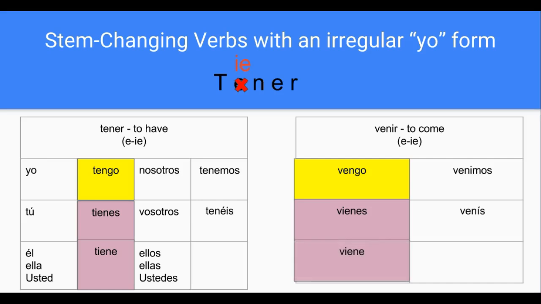The ellos, ellas, ustedes forms would be tienen and vienen. See how that works? It's fairly simple. You just have to remember that some verbs have this change, and these are called E to IE verbs. And that's why you see that I have an E to IE in parentheses under each of the verbs in the conjugation charts.